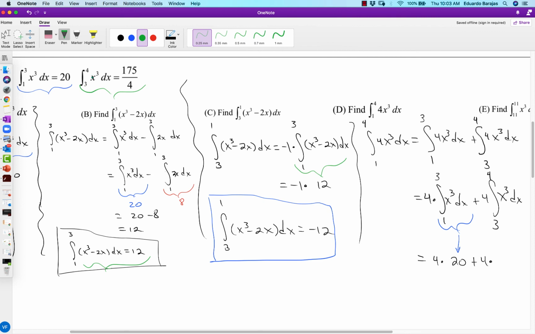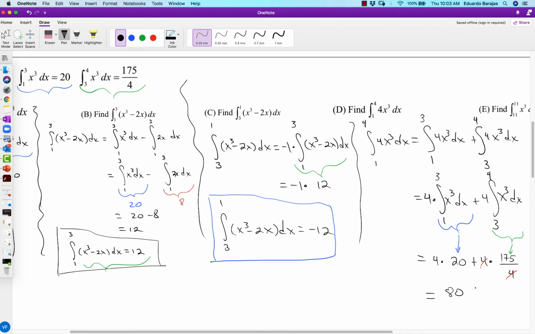Integral from 3 to 4 on x cubed dx. This one is going to be exactly equal to this fraction of 175 divided by 4. Okay, so luckily these two will reduce, they will cancel, and those multiply to 80.